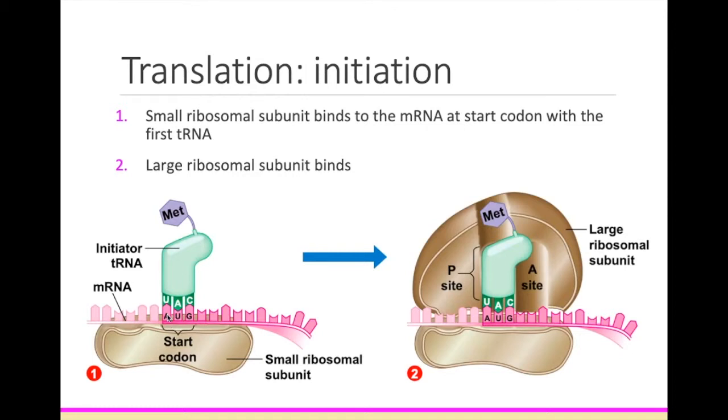See how where the start codon has an A, the anticodon has a U. Where the start codon has a U, the anticodon has an A. And where the start codon has a G, the anticodon has a C. Once that first tRNA is in place, then the large ribosomal subunit is going to be added, and we have a fully formed ribosome complex ready to start adding amino acids.